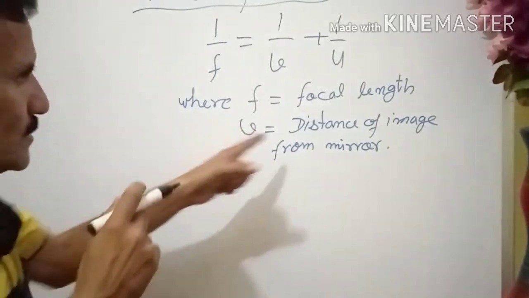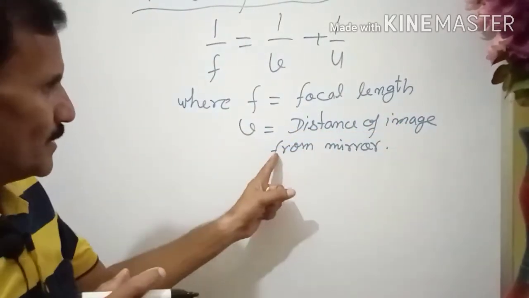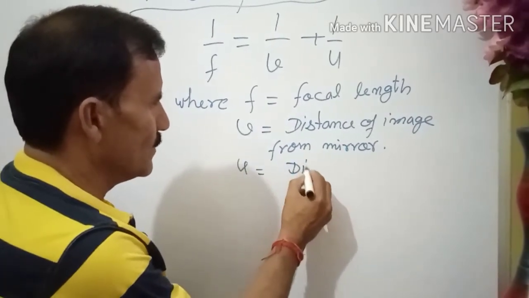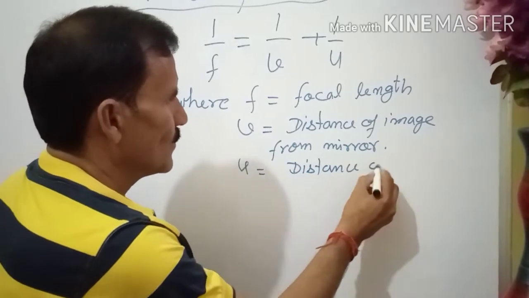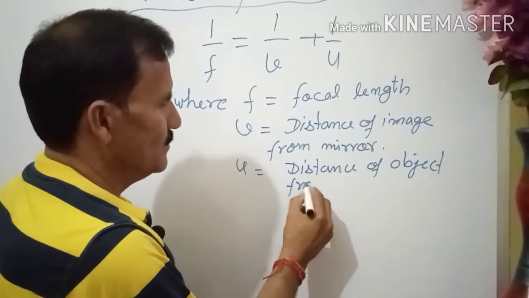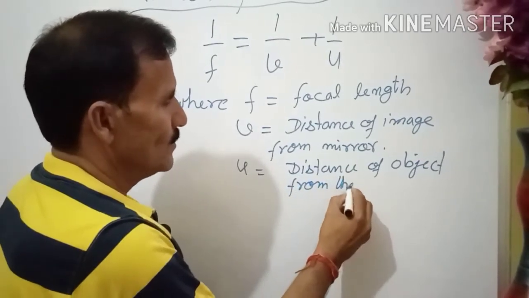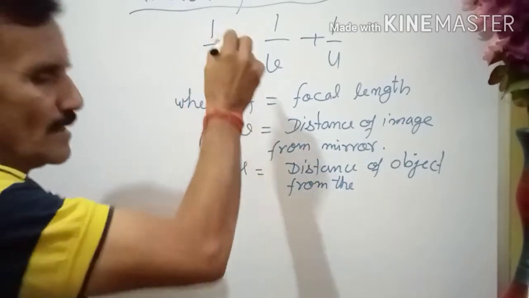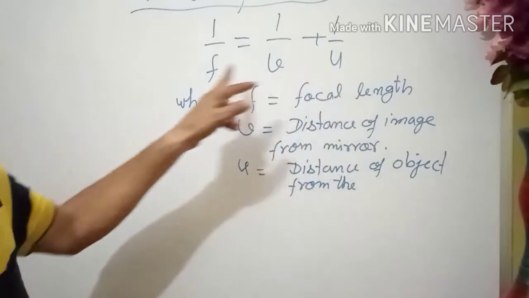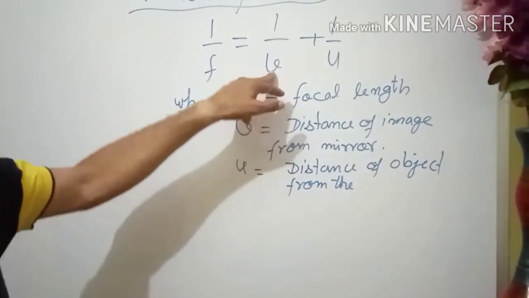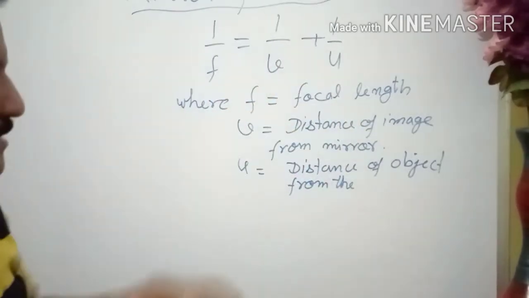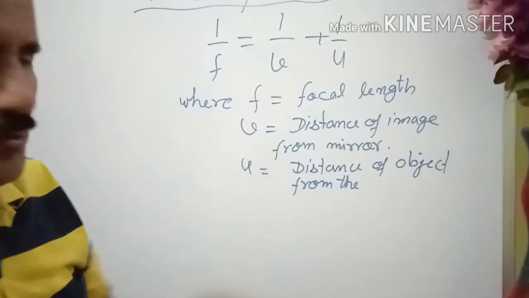So this is the distance of the image from the pole of the mirror, and u is the distance of the object from the mirror. So this formula is called the mirror formula. Here f, v, u: f is the focal length of the mirror, v is the distance of the image from the pole of the mirror, and u is the distance of the object from the pole of the mirror.